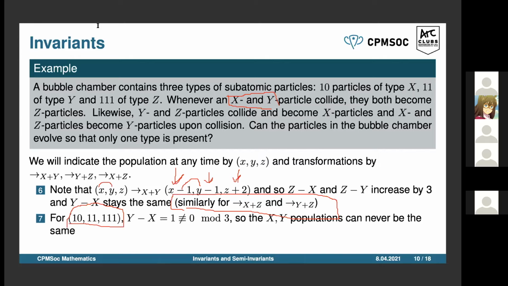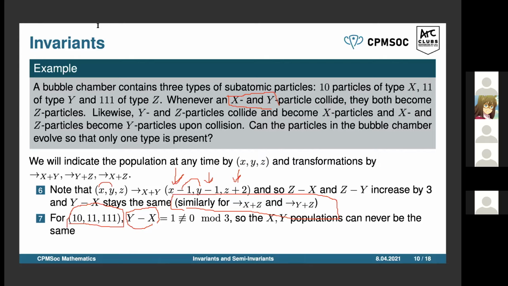So initially it was 1 mod 3, and since the invariant applies, no matter how many moves or collisions happen, Y minus X will always be 1 modulo 3. So it means that Y minus X cannot be equal to 0, so the X and Y populations can never be the same.